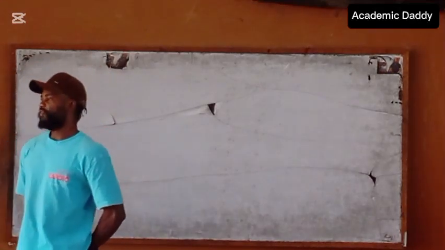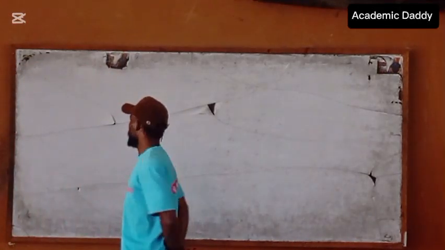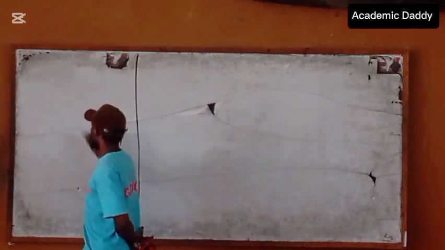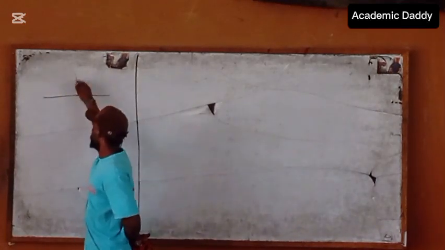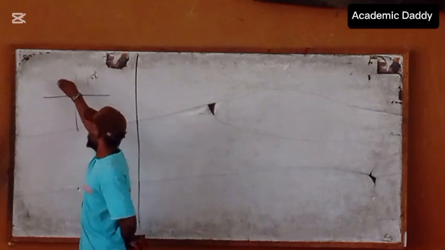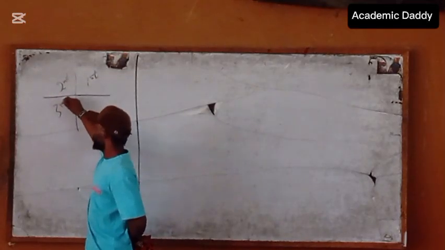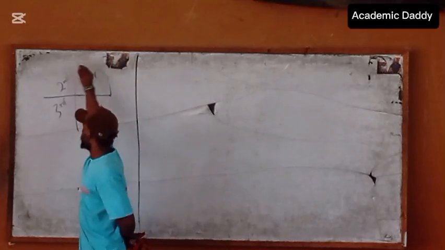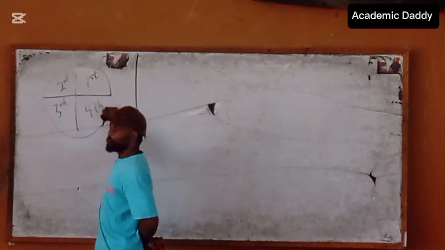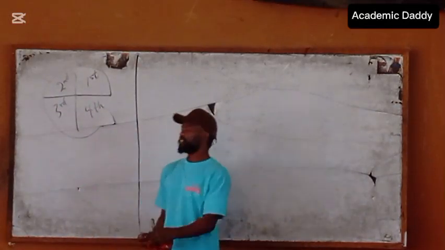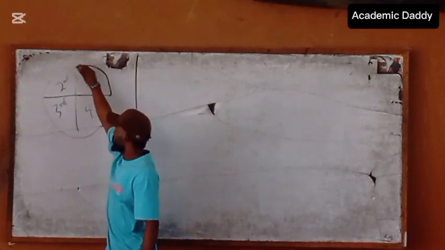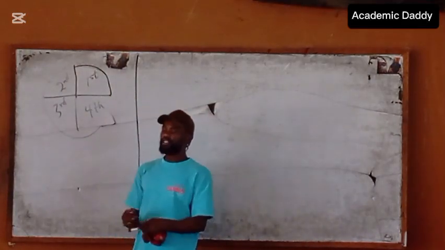Now, if I'm talking about the first, second, third, and fourth quadrants, the movement of the point particle around this path means that as it moves through, up to this point, it has a linear path.